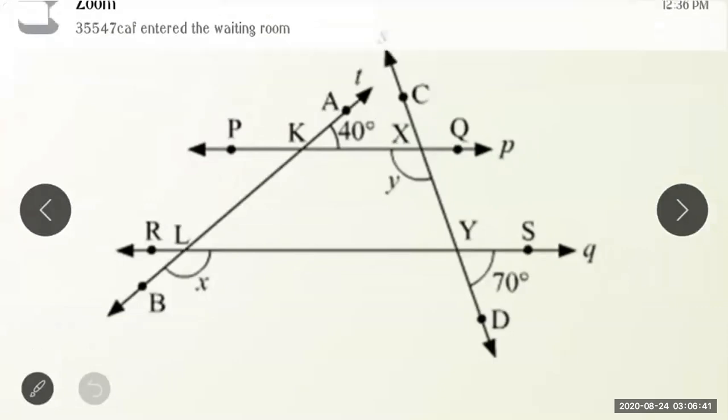Now we will start with our sum. Here we measure the angle. Listen properly. With the help of the diagram I will explain it, and next I will show you the slide.